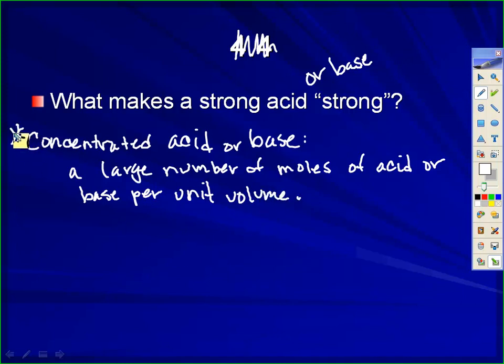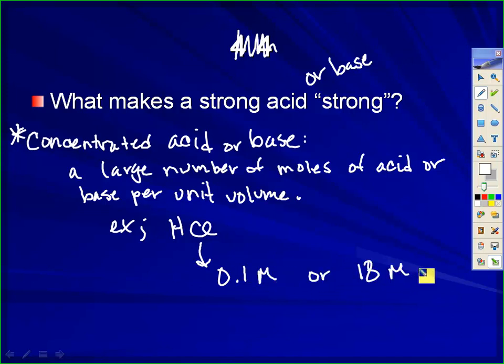So you guys know what concentrated means. We've been talking about this since like the second day of class. So if I have hydrochloric acid, which would be HCl, I could have HCl that's 0.1 molar, or I could have HCl that's 18 molar. 18 molar is the concentrated acid, but both of these are strong acids.